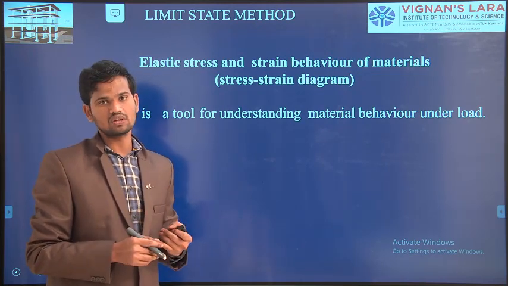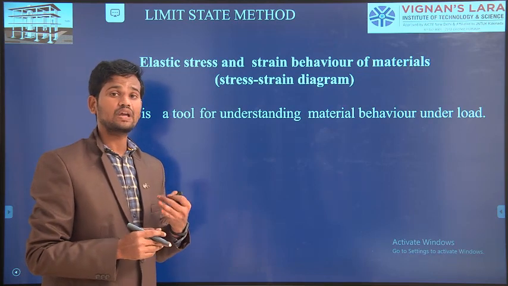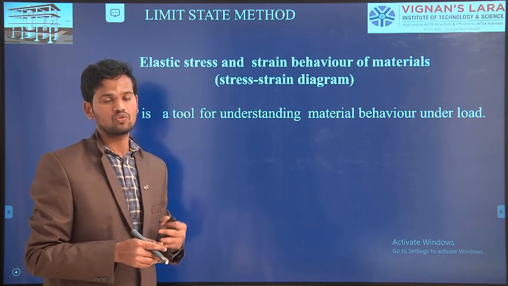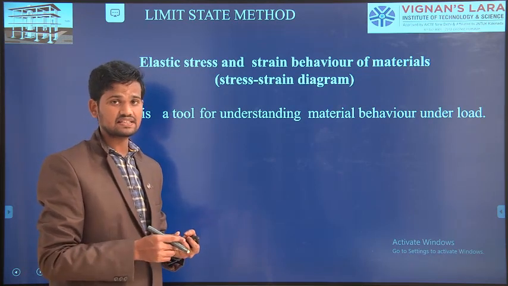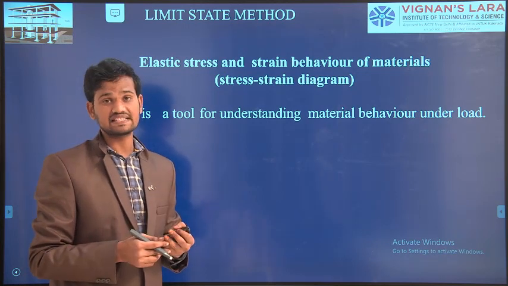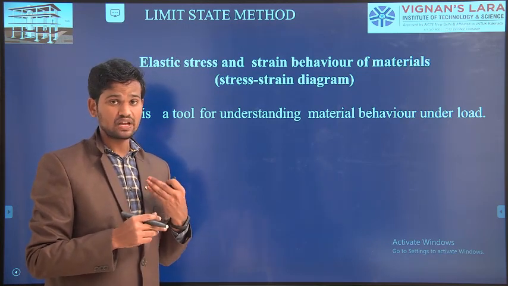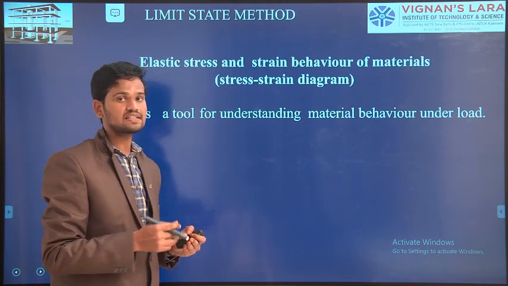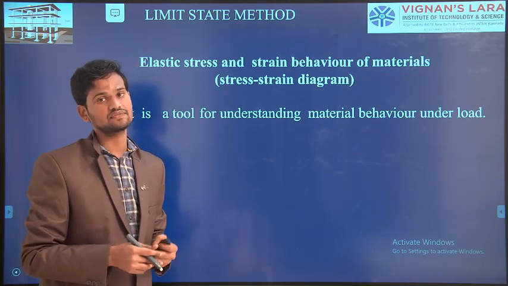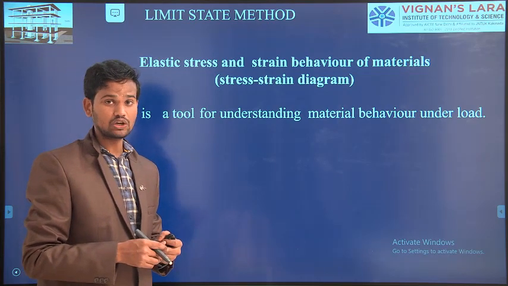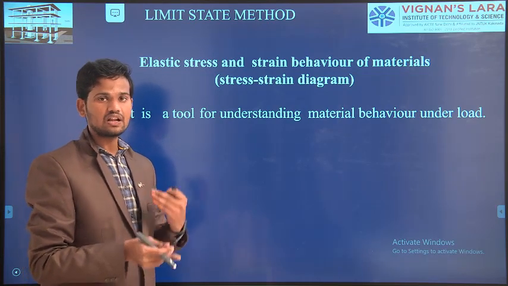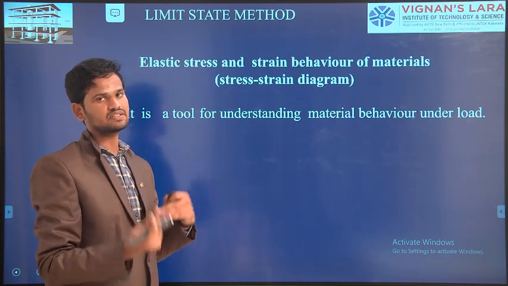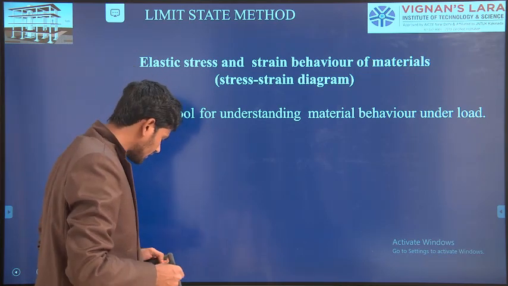We have discussed the characteristic strength, the characteristic load, the design strength, and the design load, as well as the different types of loading conditions. We have discussed the partial safety factors for different types of dead loads, live loads and wind loads, for the limit state of collapse and limit state of serviceability.